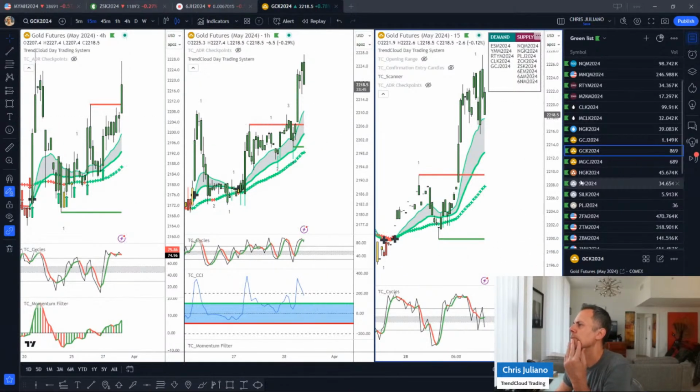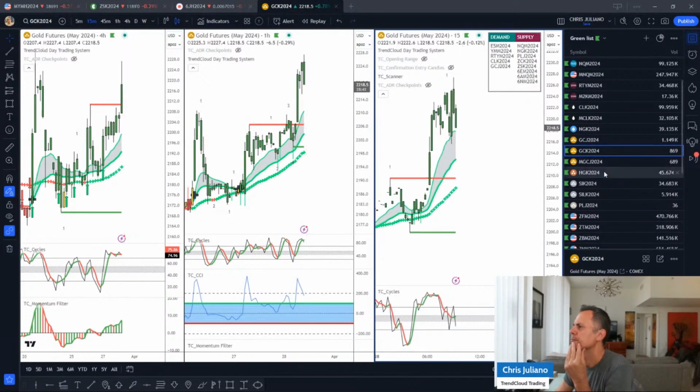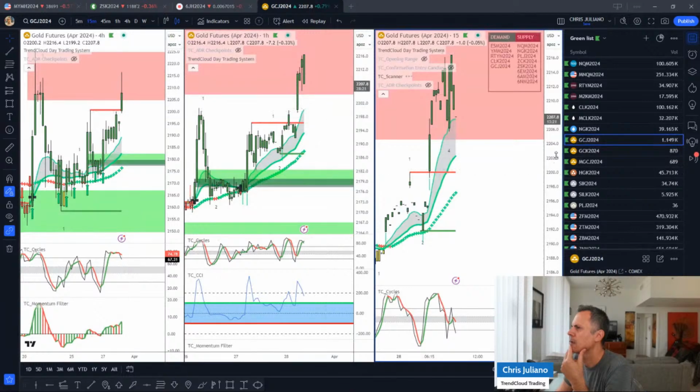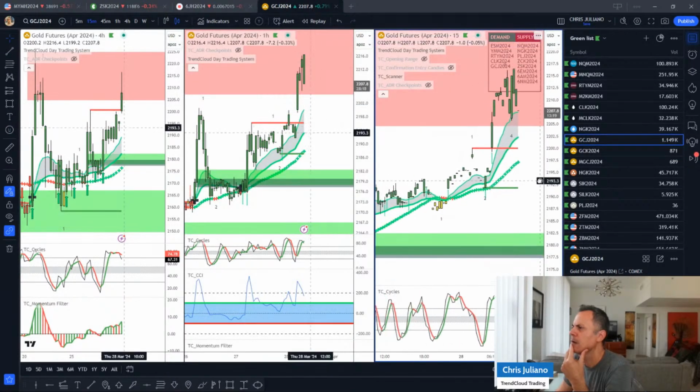Interesting. Look at how there's no volume in gold right now. What is going on? We're still on the J contract. We are on the J contract.